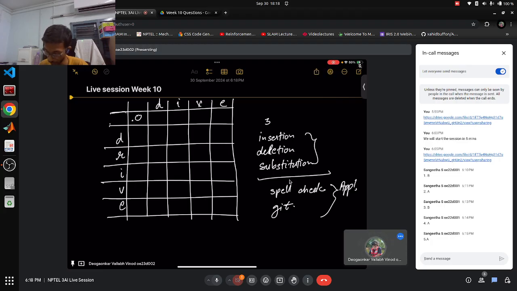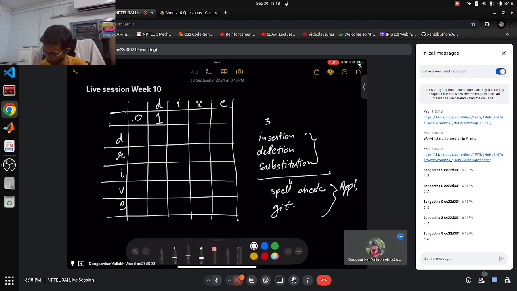When it goes from a blank space to the letter D, we need to perform 1 insertion operation. So we have added here 1. Now to go from a blank space to this joint string of D and I, we need to perform 2 insertion operations. That gives us this 2.